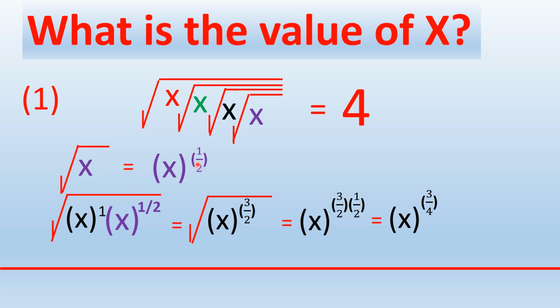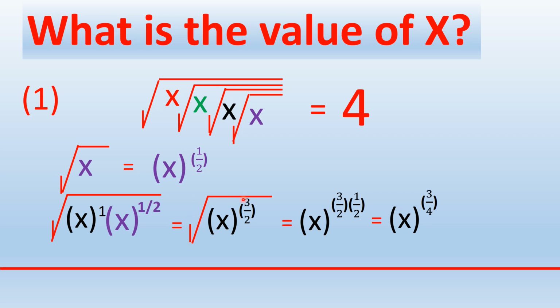So if we chuck this back into this root, instead of this, we have x times x to the power of 1 over 2, which is x to the power of 1, of course, times x to the power of 1 over 2. Here we can add 1 plus 1 over 2: 2 common, 2 times 1 plus 1, which is 3 over 2.